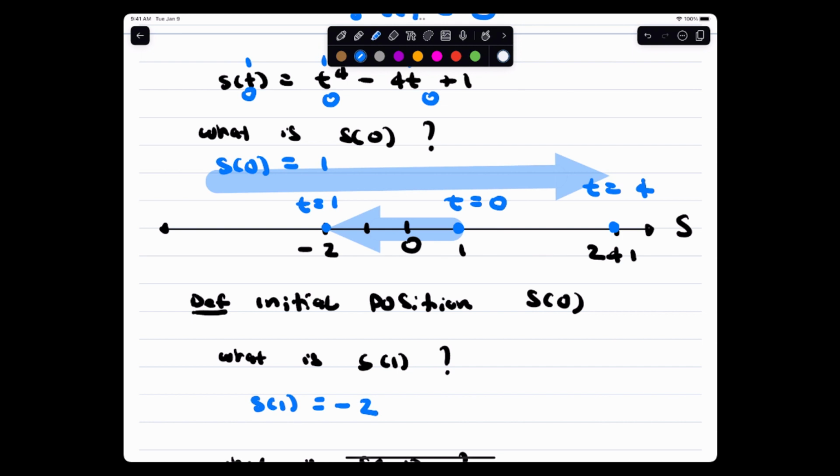But let me say this to you guys. There is some time t in order to do that. For some time t, obviously, your particle has to what?